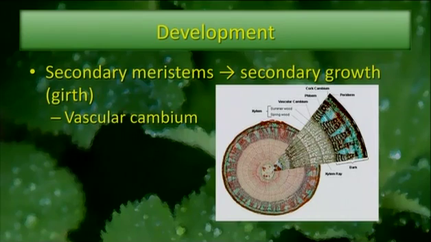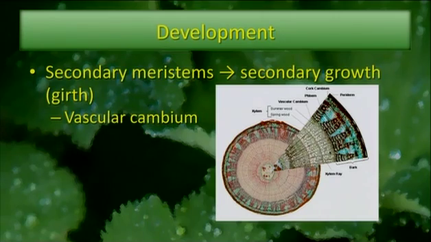These give rise to secondary phloem toward the outside and secondary xylem toward the inside. This one has 1, 2, 3, almost 4 rings of xylem. So the stem is maybe 5 years old, 1 year for growing up and down, and then subsequent years growing to the side, in terms of girth.